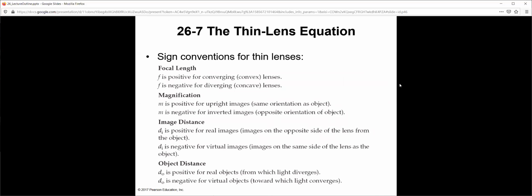And another list of, again, very similar looking descriptions as to what happens. Focal length is positive for converging or convex lenses. It's negative for diverging or concave lenses. Magnification, object distance, things of that nature. Look at this if you want, but the equations always follow these rules anyways.